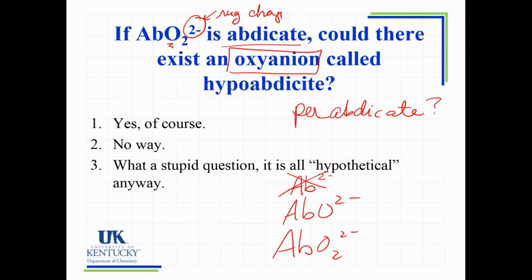Per-abdicate would be 1 more oxygen, so it would be AbO3, and it would contain the same charge, so 1 more oxygen than the one with an ate ending. So yeah, it could conceivably exist in this hypothetical world, and that would be its formula.